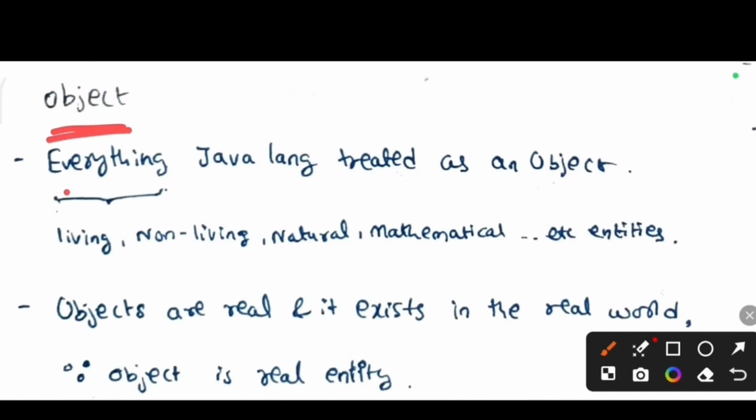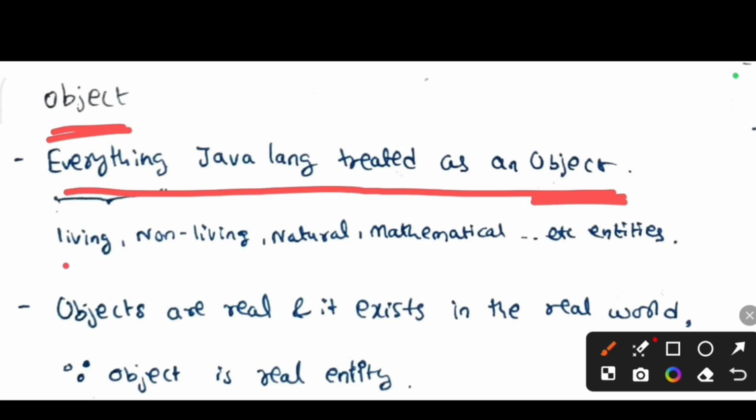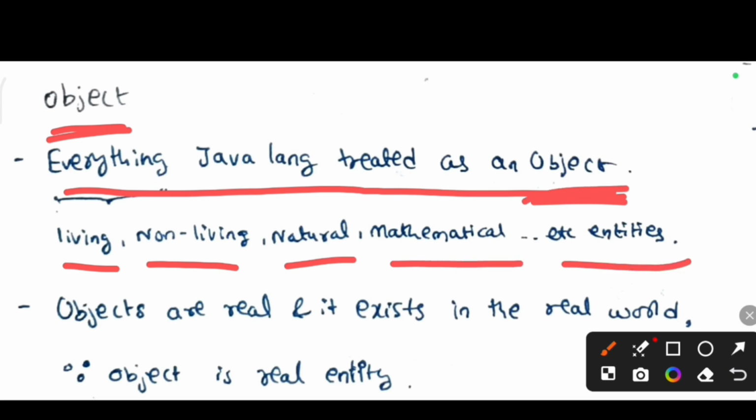Object is nothing but the mirror image of the blueprint. Later we will also cover this point. Now, everything in Java is treated as an object. Living things, non-living things, natural things, mathematical expressions, etc. are all considered objects in Java.